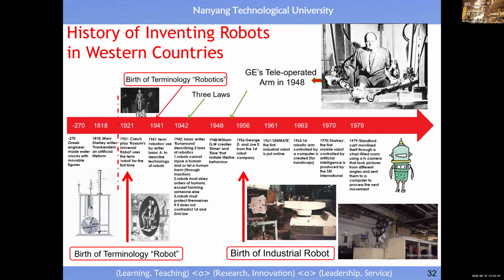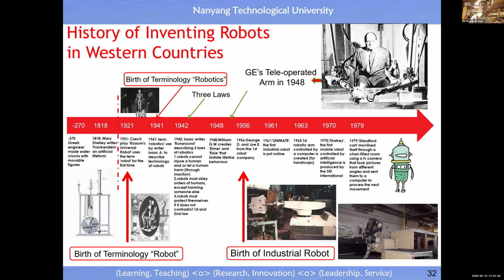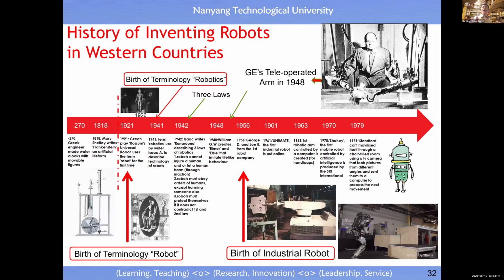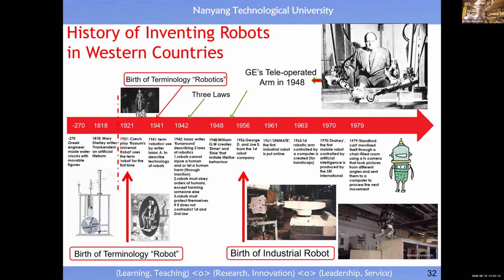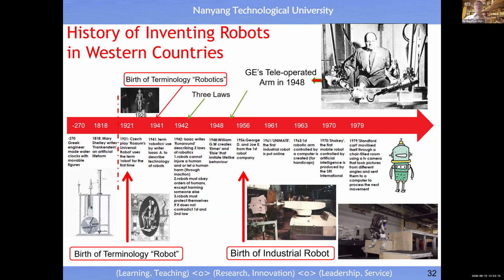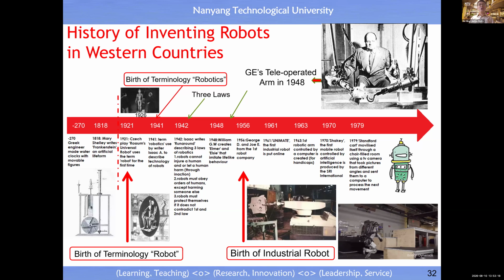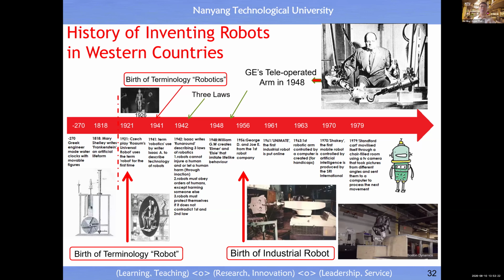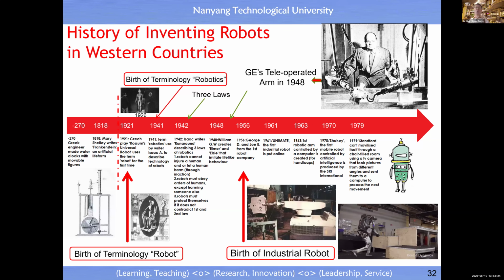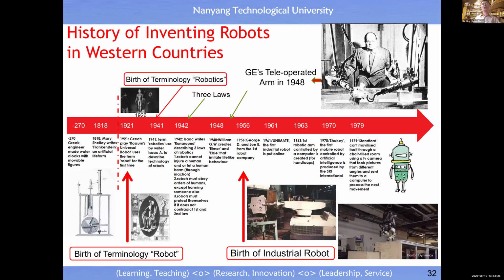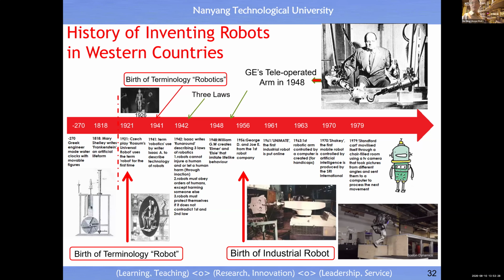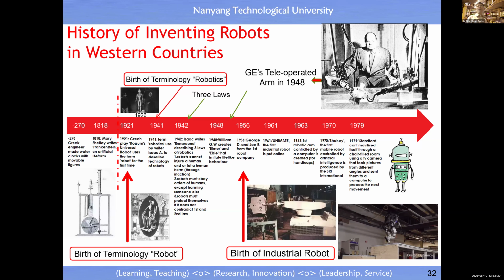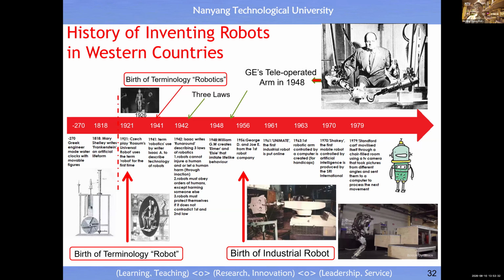Also Asimov, a writer, formulated the three laws for robots to obey, to follow, etc. In the video, you also know there was the first patent in robotics, the first company in robotics, etc. And all the way to today's situation, we have the Boston Dynamics humanoid robot at last.